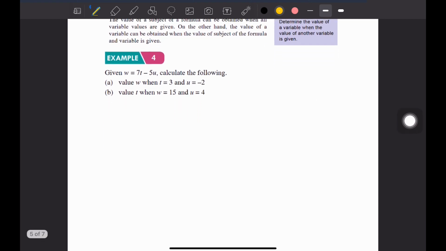Okay, so let's continue with example 4. Given W is equal to 7T minus 5U, calculate the value of W when T is 3 and U is negative 2. Just substitute. We have W is equal to 7T minus 5U. Given that T is 3, so 7 times 3 minus 5 times negative 2.